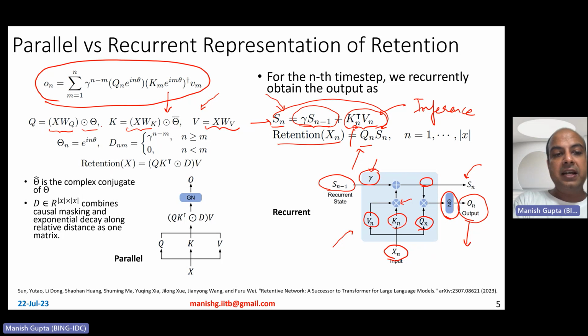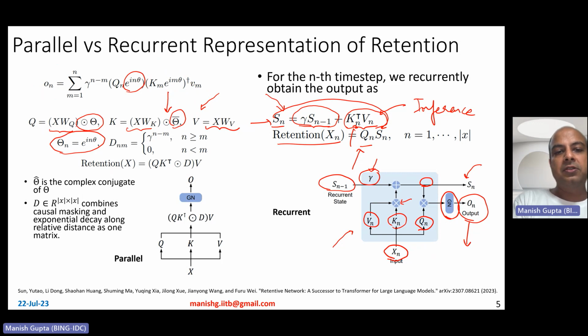They have a Hadamard, or element-wise, product with another term, theta, to incorporate e raised to i n theta, and this hat guy is its complex conjugate, so a complex conjugate transpose, which is the complex conjugate operator.